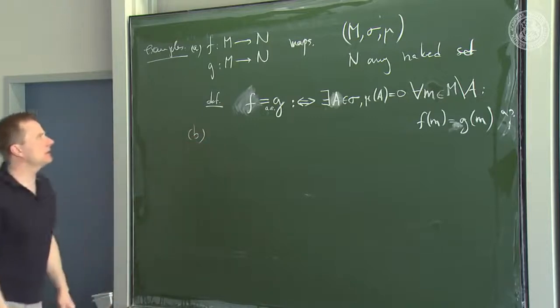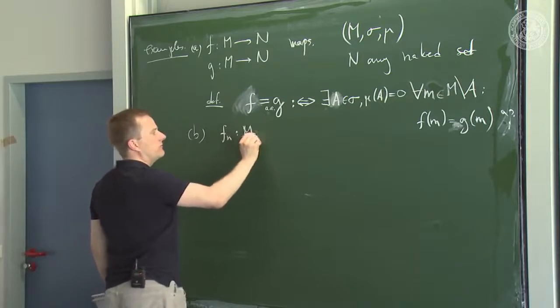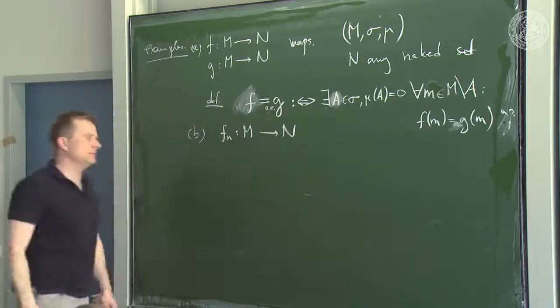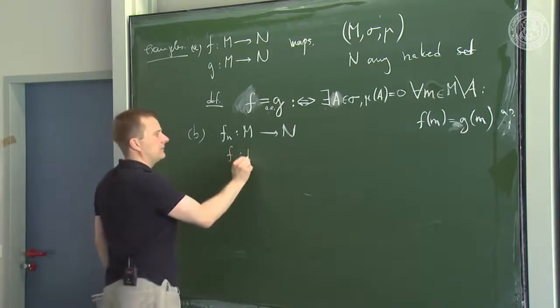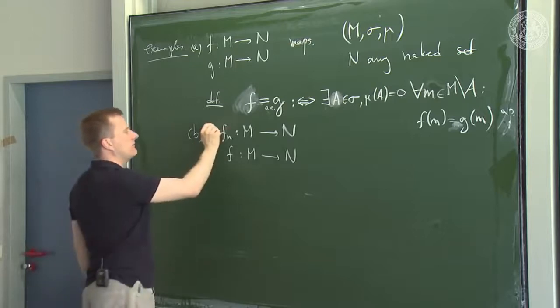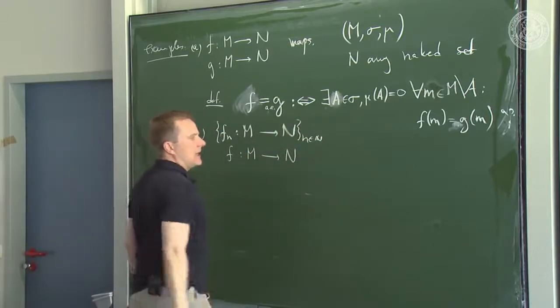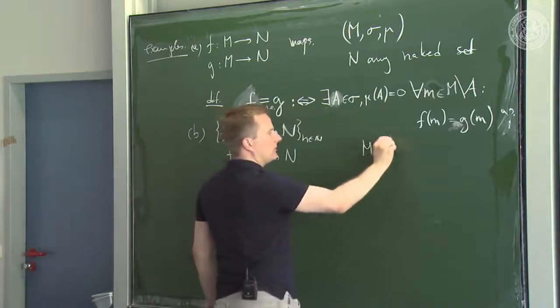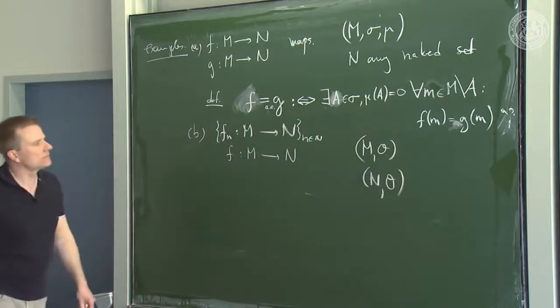And similarly, you could ask, if you have a sequence of maps from M to N, and you have a map f from M to N. So there's an entire sequence of maps, f_n, n in N, and M is a topological space and N is a topological space.